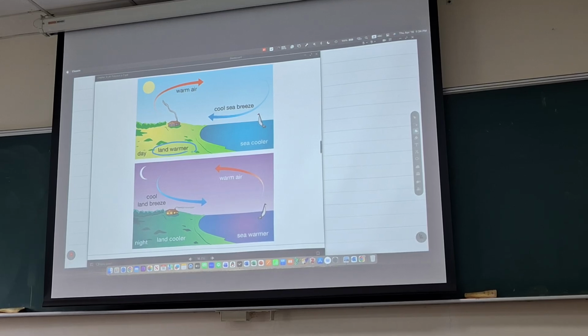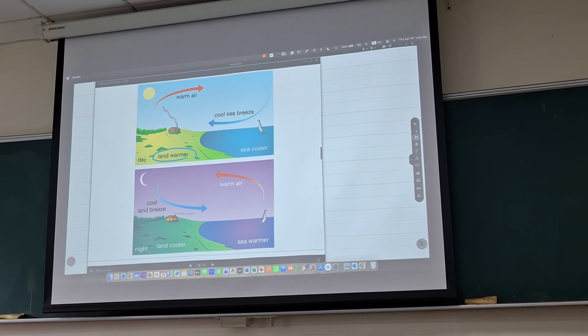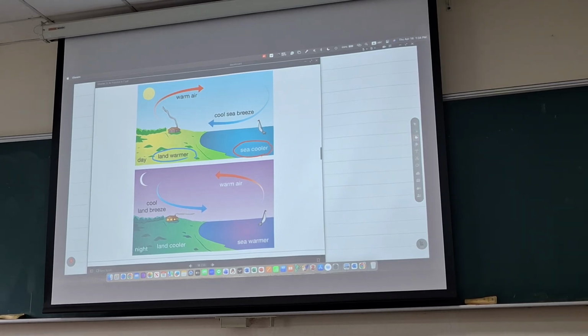So the land heats up faster than the sea. Okay, the sea is cooler. So the land is warmer, the sea is cooler. Okay, that means the land heats up faster.